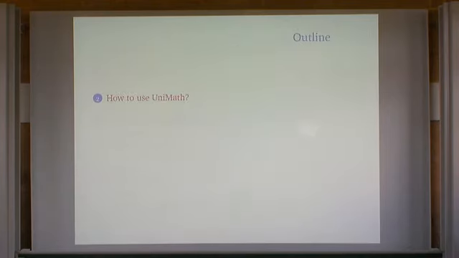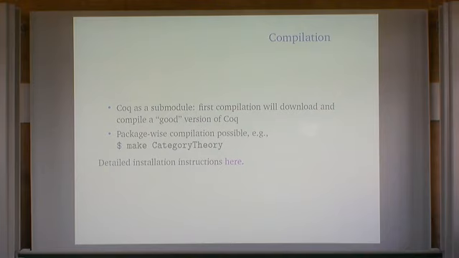Okay. So, now I will give a few pointers to how to use Unimath and what kind of features are available for the practical usage. Unimath uses Coq as an underlying framework, so to make this as transparent or as invisible to the user as possible, we have Coq as a submodule of the Unimath repository.